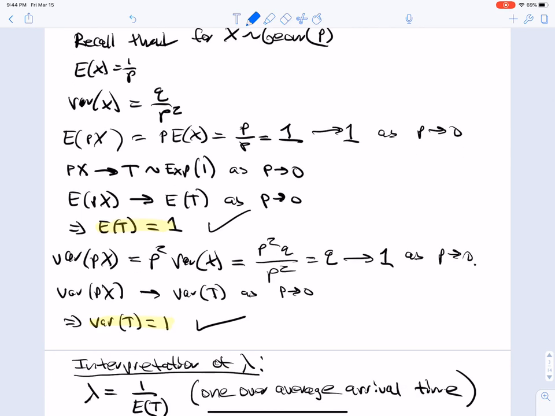Similarly for the variance of px, the p pulls out as a square, giving you p squared times q over p squared. The p's cancel, and q goes to 1 as p goes to 0. So indeed here the variance of t looks like it should be 1, and it is.